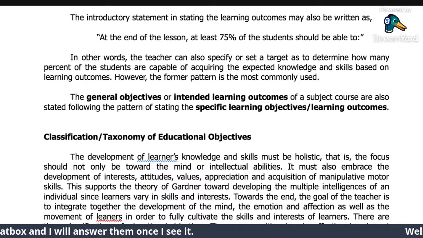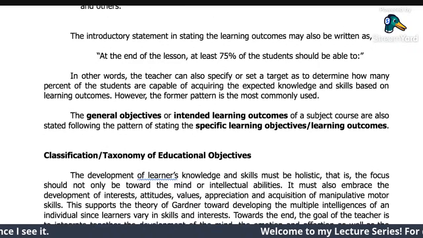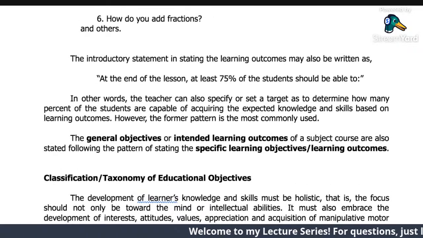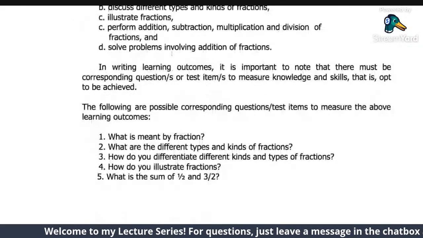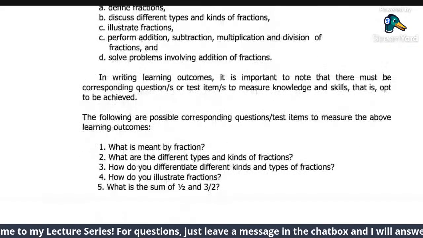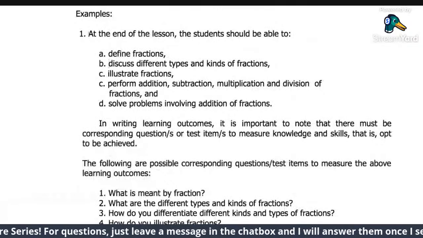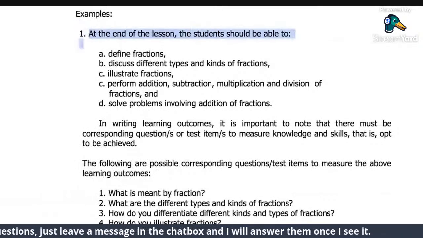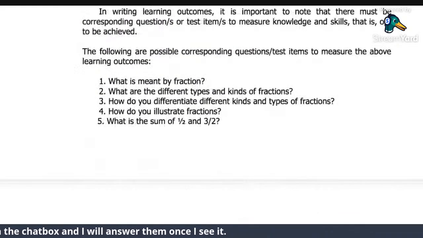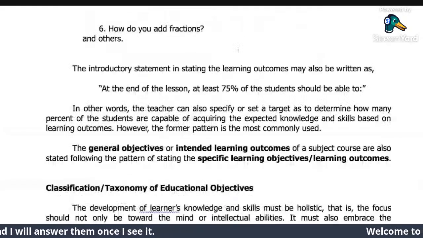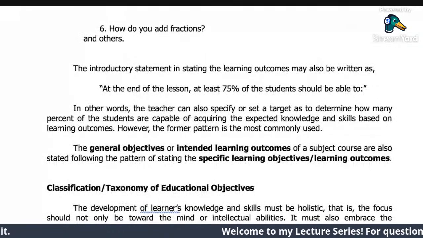So your target is that 75% of the students should be able to, for example, define fraction or fractions. But of course, what is most commonly used is this: at the end of the lesson, the student should be able to. Okay? But of course, you can also do this if you would like to quantify what percentage of the students you are targeting. Okay?